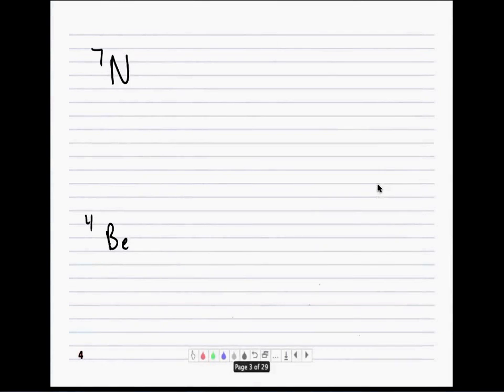If I write the electronic configuration of nitrogen, it's going to be 1s2, 2s2, 2p3. Again, the largest number n represents the period.